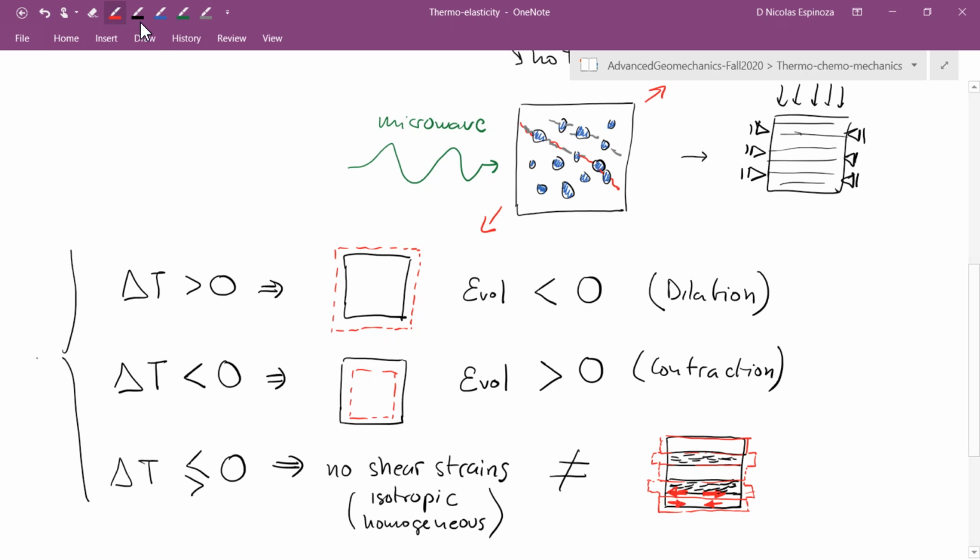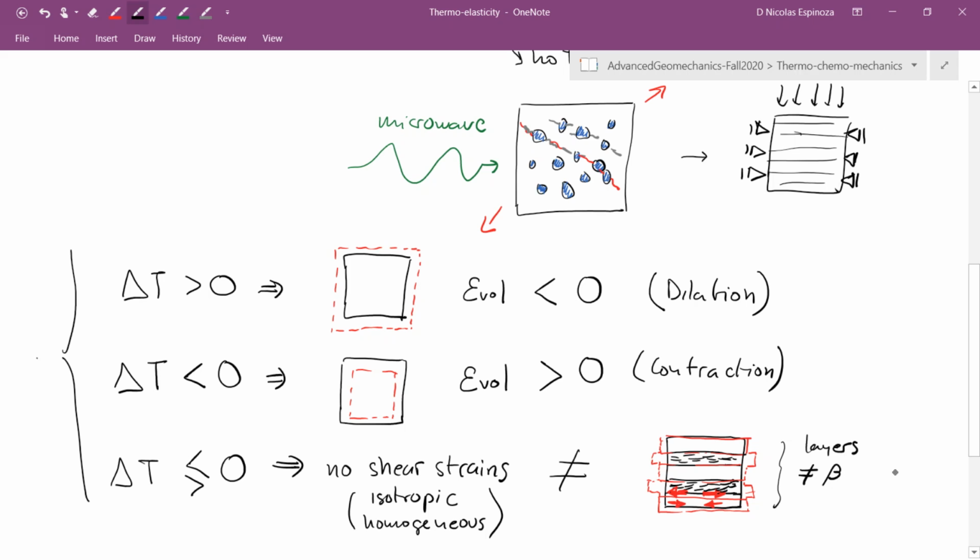Okay, so let me just complete this drawing by stating these are layers with different thermal dilation coefficients. And this is a parameter we're going to explain in a minute.